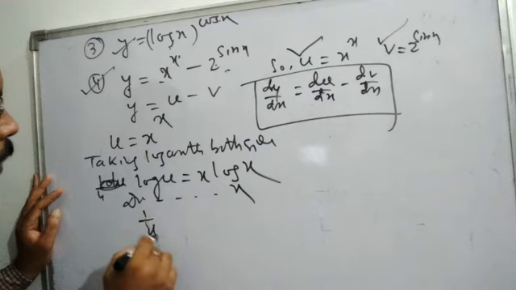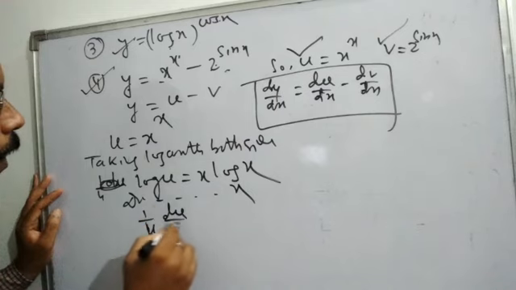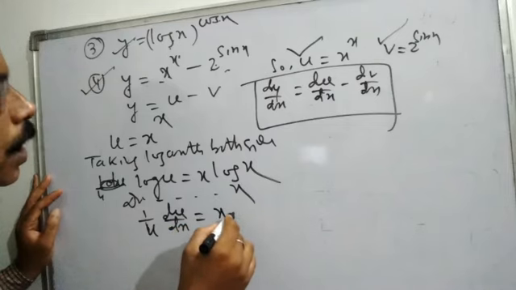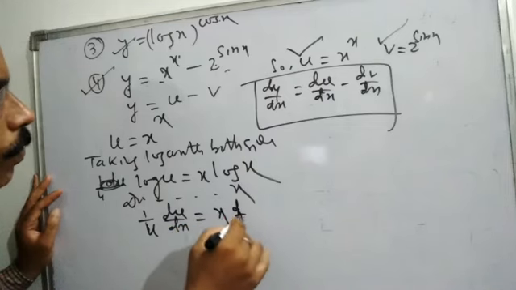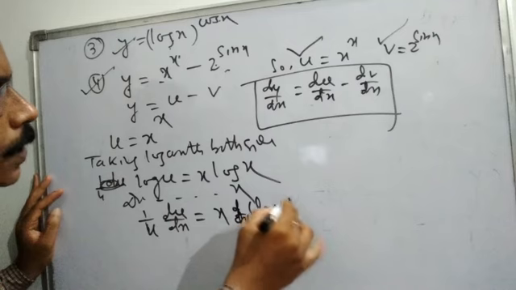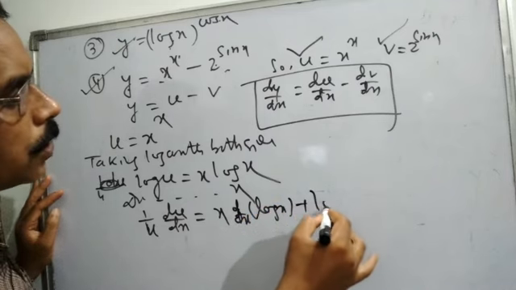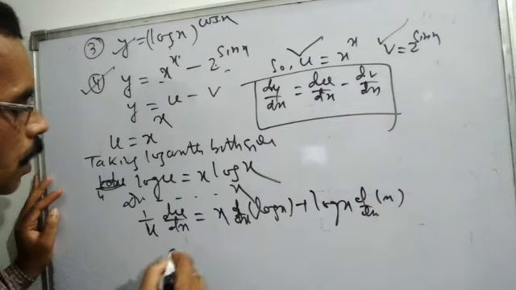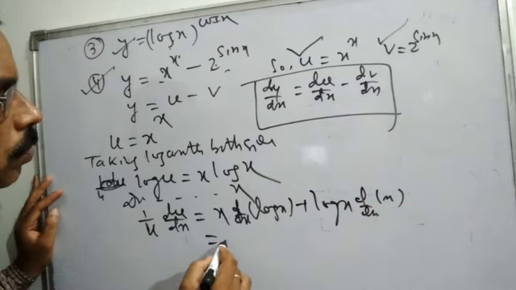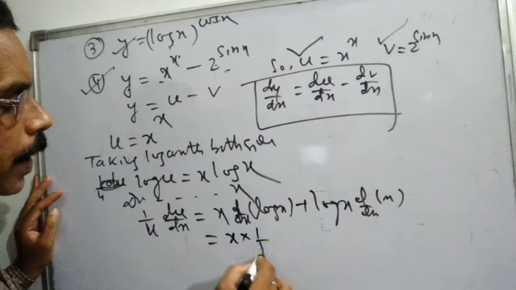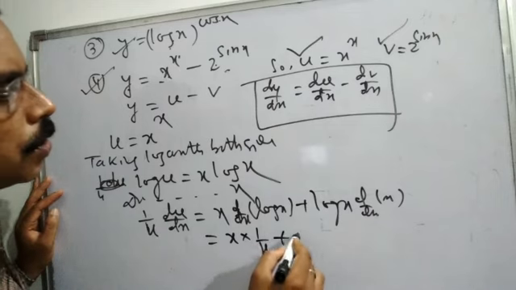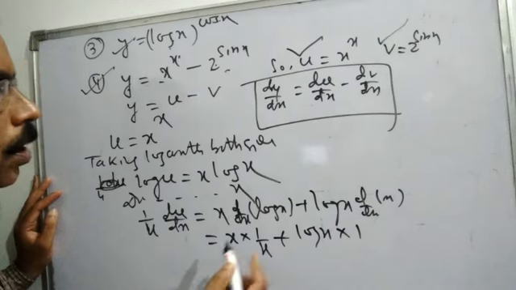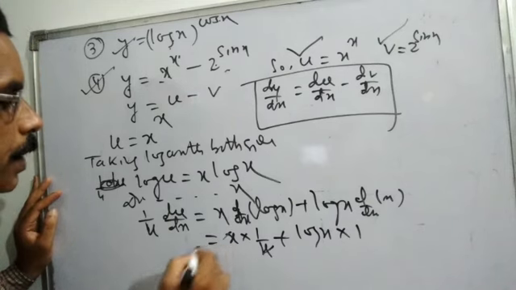It will be 1 by u du by dx is equal to UV format, x constant, derivative of log x, plus log x constant, derivative of x. Then what will you get now? x into 1 by x plus log x, derivative of x is 1, so x cancels.